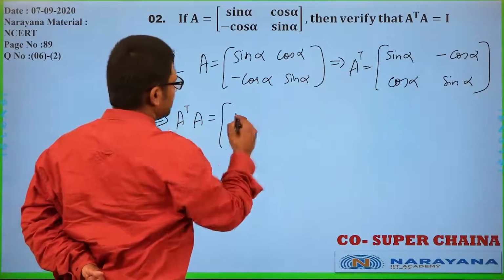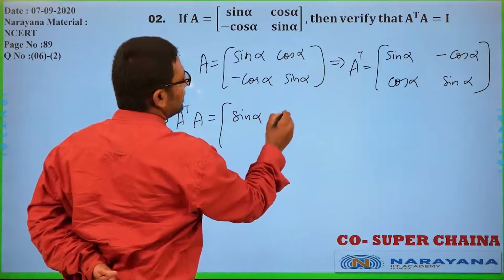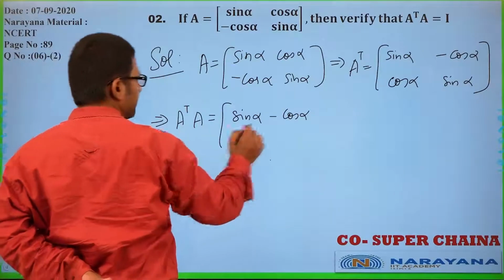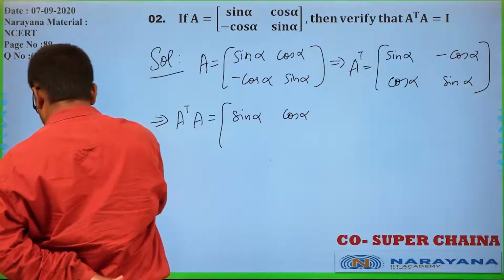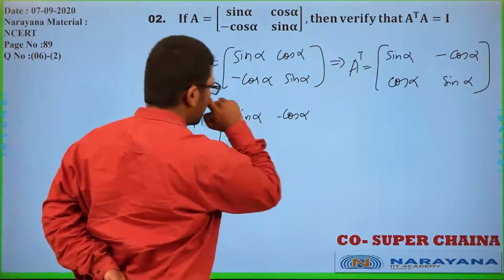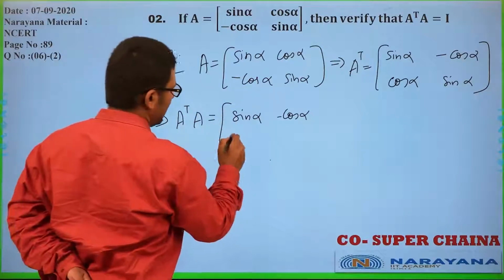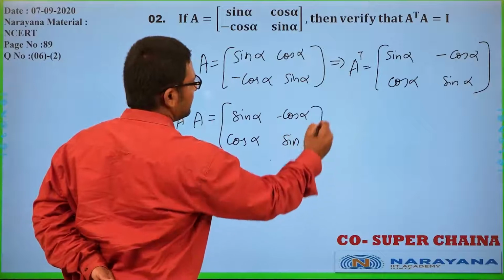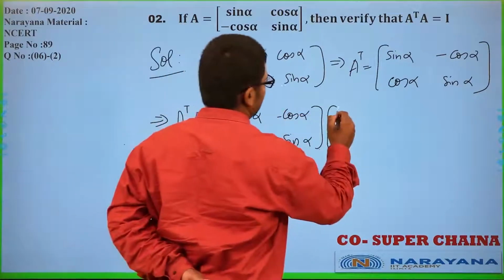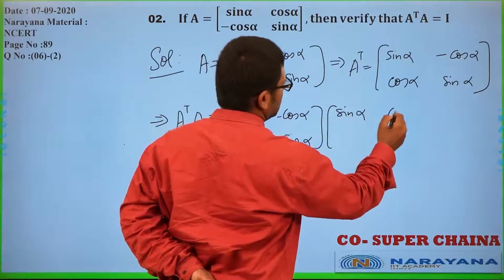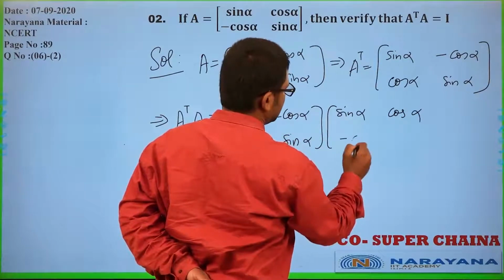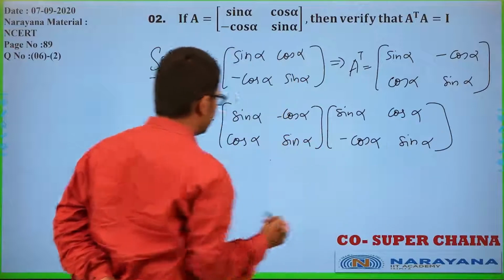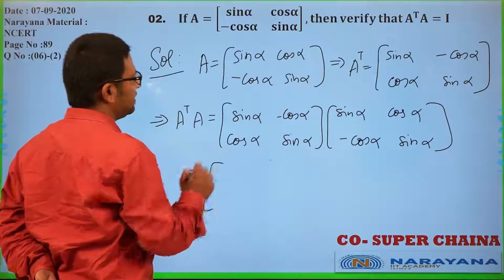So write that first: [sin alpha, minus cos alpha; cos alpha, sin alpha] into, write this one, [sin alpha, cos alpha; minus cos alpha, sin alpha], right? What is that?